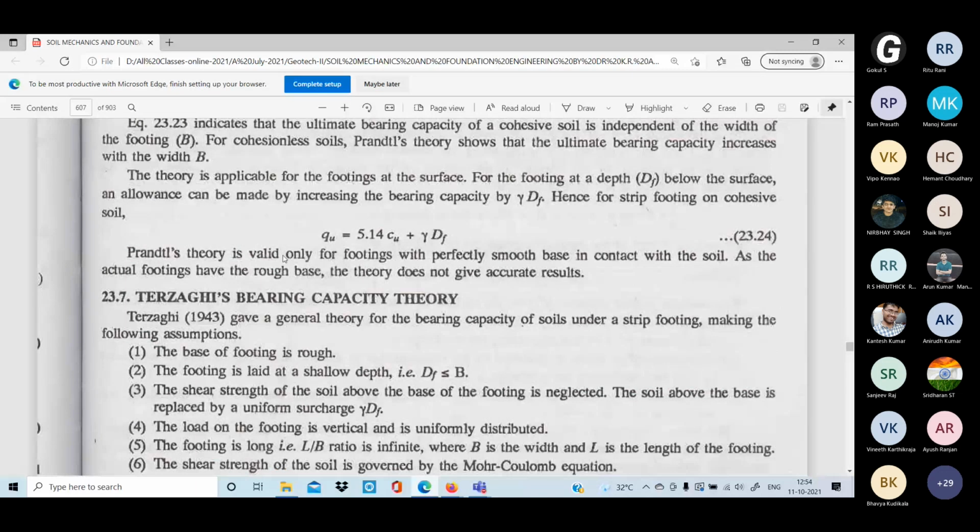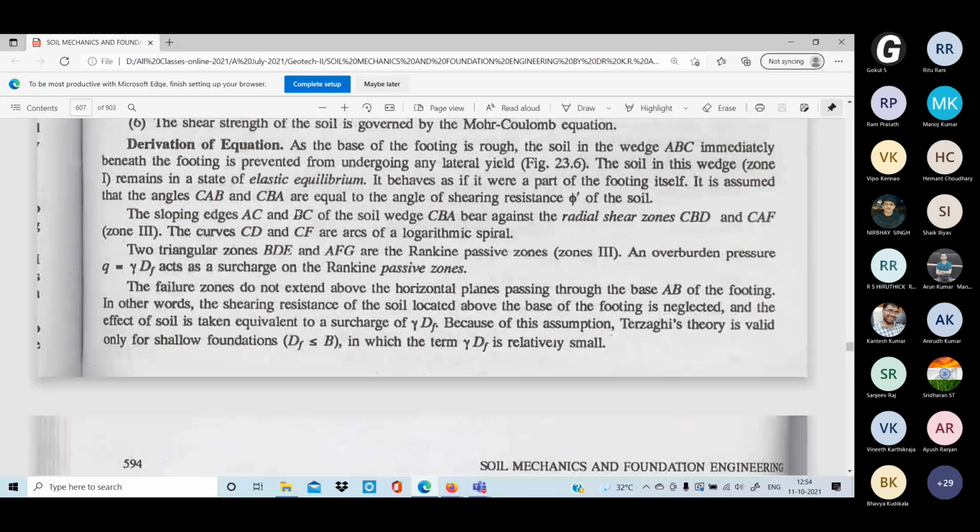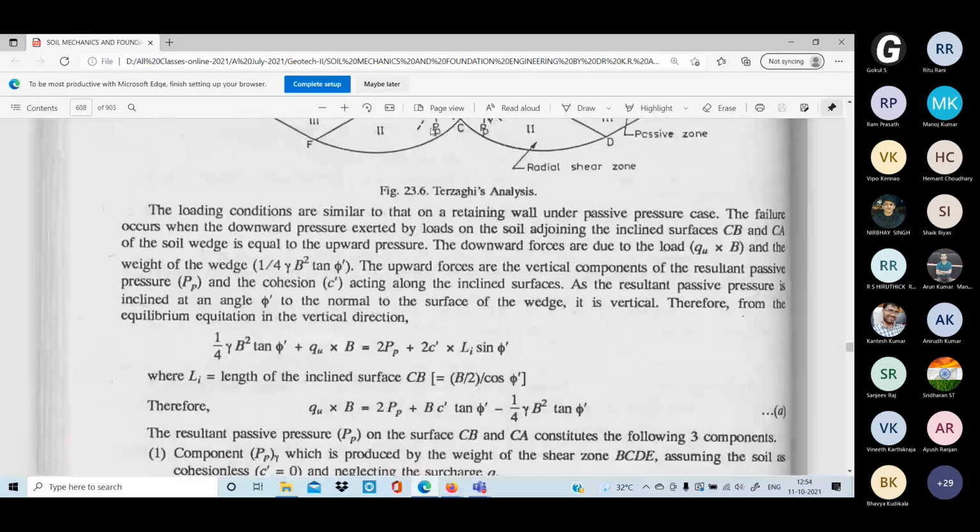What he has done is valid only for the footing with a perfectly smooth base, but our base is rough, okay. Then we went to Terzaghi's bearing capacity. Assumptions are very important for Terzaghi's bearing capacity. The footing base is rough, that is more important here, okay. And this particular part is in elastic equilibrium.